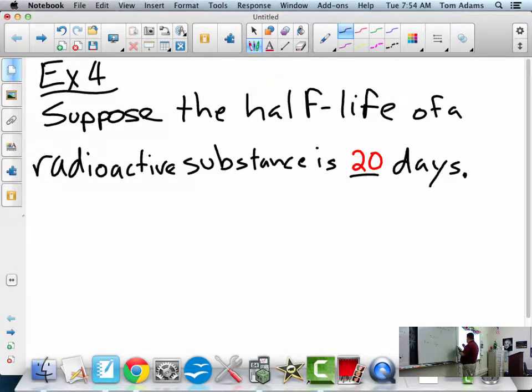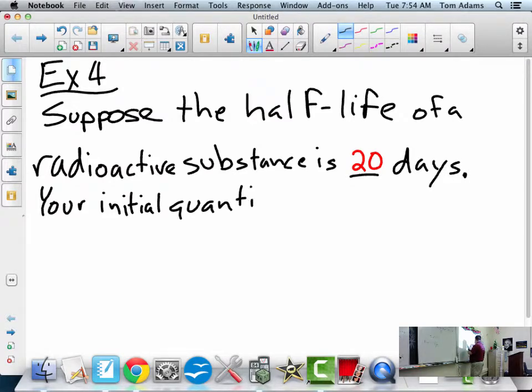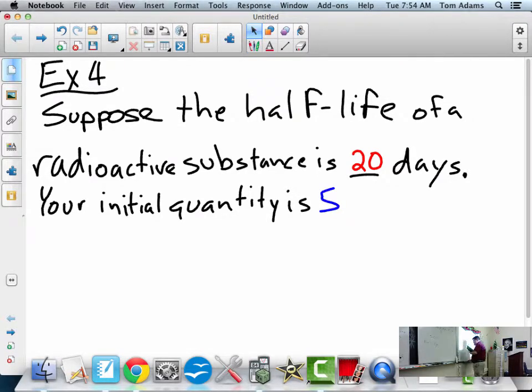Then it goes on to say, and I'm going to word it a little differently so you don't have to write down every word that's in the textbook, your initial quantity is 5 grams.